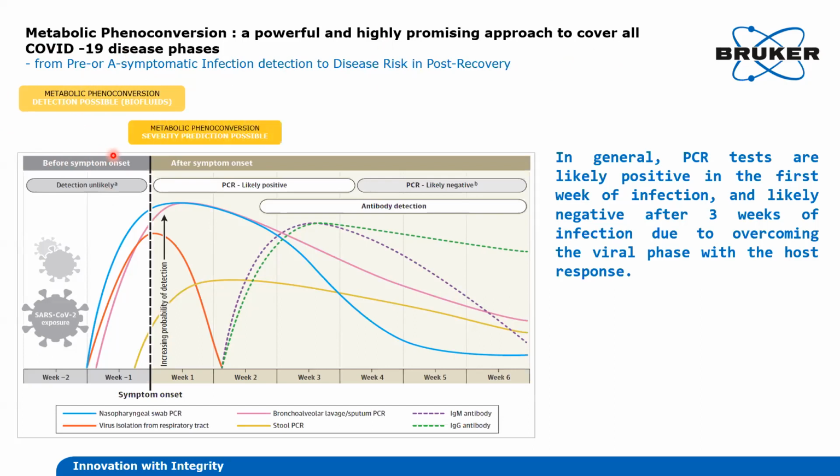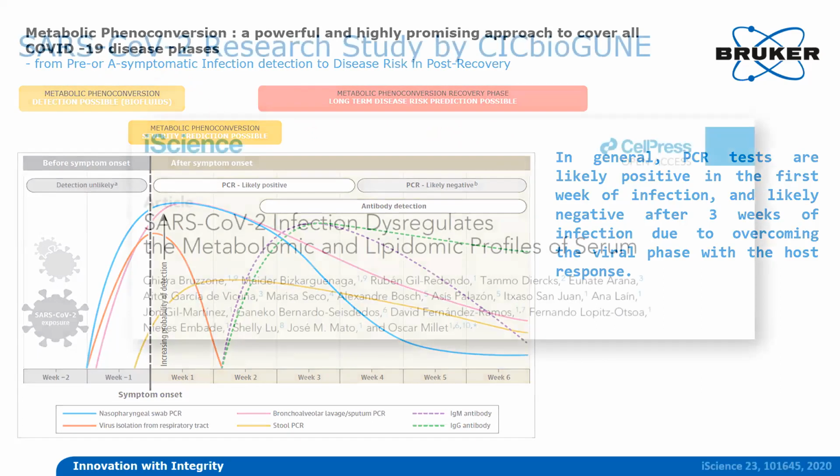And then it also allows us to detect when the patient is severely affected by this disease. And you can also use this phenoconversion during the recovery phase, so we can perform long-term disease risk predictions. This is also possible with this approach, which is phenoconversion.